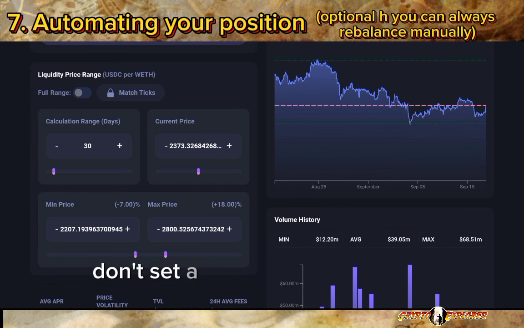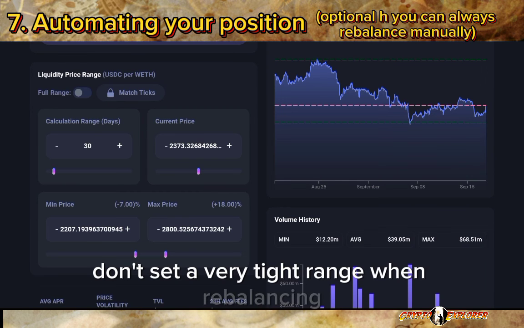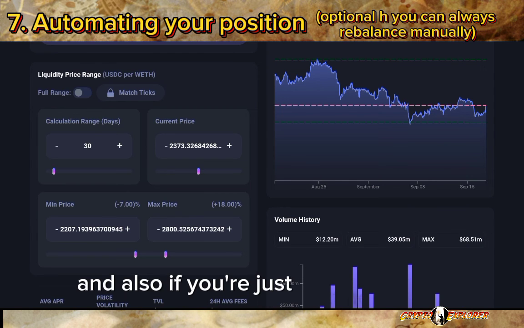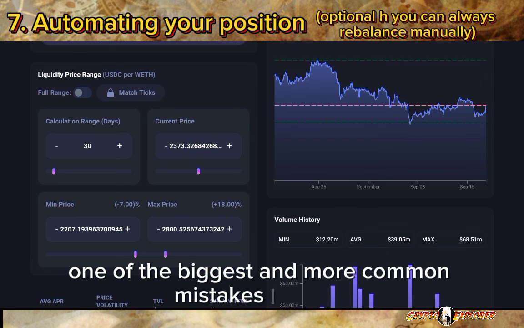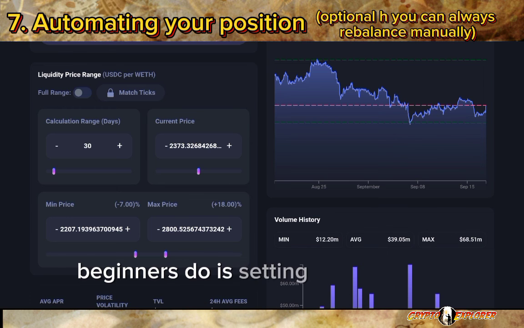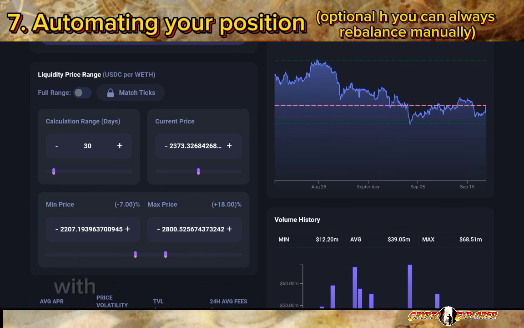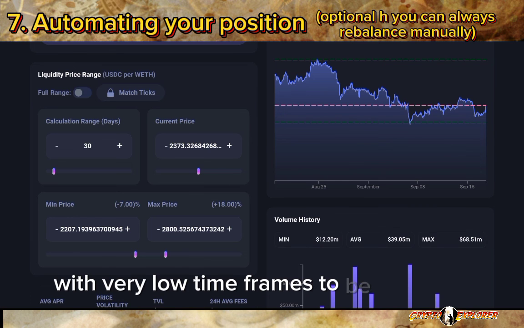Don't set a very tight range when rebalancing, and also if you're just getting started, make the trigger 24 hours, 36 hours, or even 48 hours. The chances are that in that time the price will bounce back into your range more often than not. One of the biggest and most common mistakes I see beginners make is setting up very tight ranges with very low time frames to be triggered.